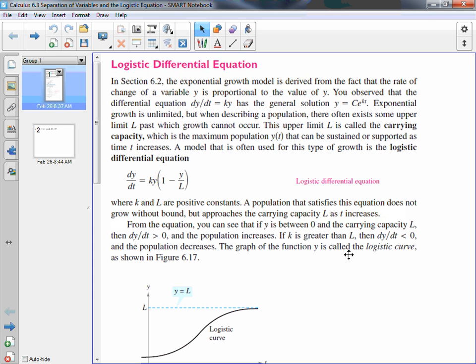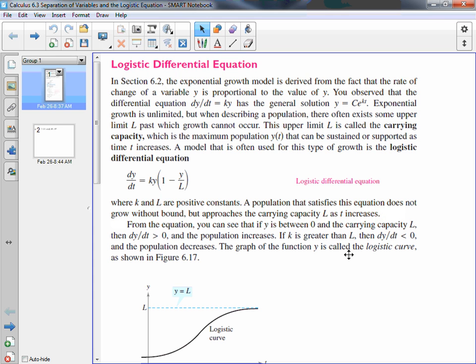All right, in yesterday's section, the exponential growth model is derived from the fact that the rate of change of a variable y is proportional to the value of y. You observe that the differential equation dy/dt = ky has the general solution y = Ce^(kt). Exponential growth is unlimited in theory.